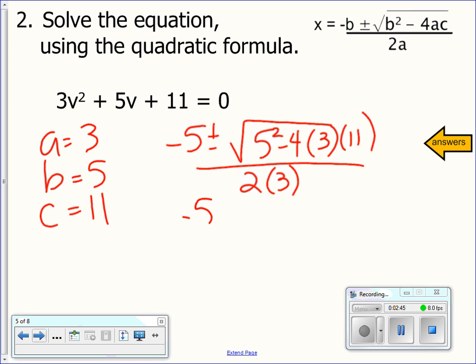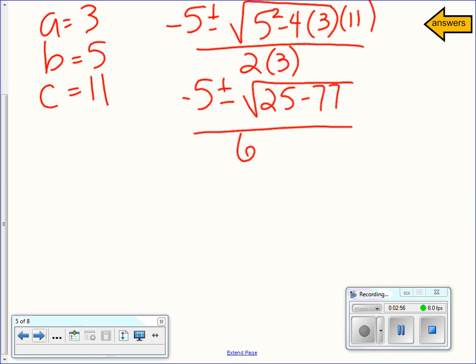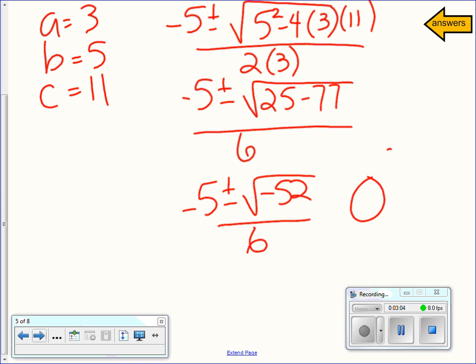So we get negative 5 plus or minus the square root of 25 minus 132 over 6. So that's negative 5 plus or minus the square root of a negative number over 6, which means we have no solution because we cannot take the square root of a negative number.